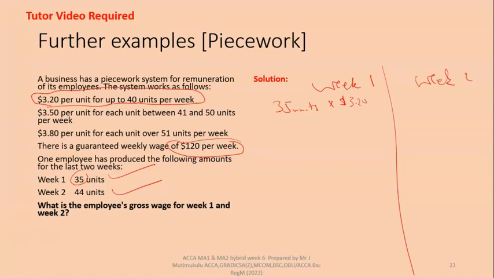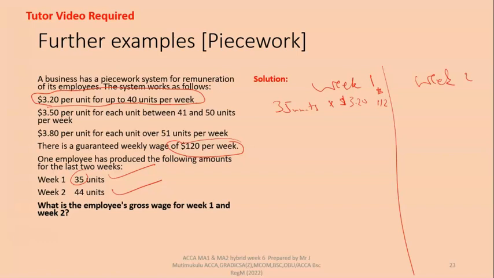And we get a total of $112. Let us put a dollar sign here, 112. For week 1 we are done there. Let's move on to week 2.